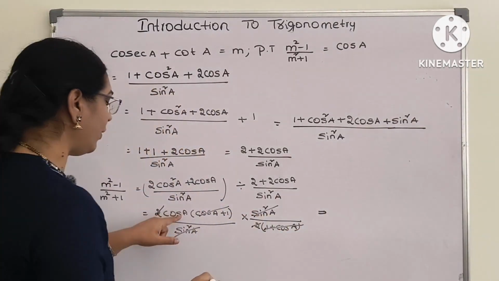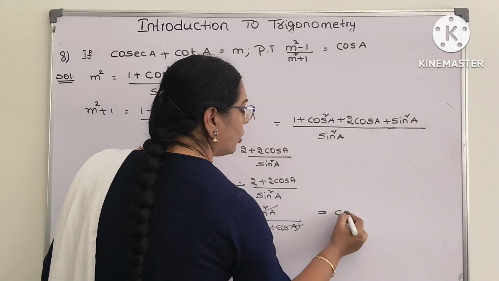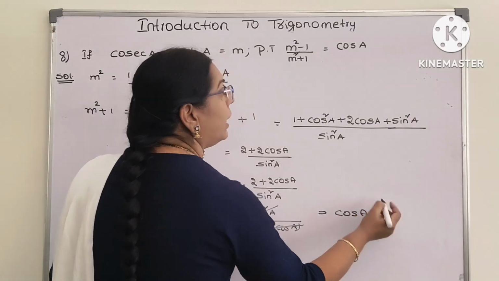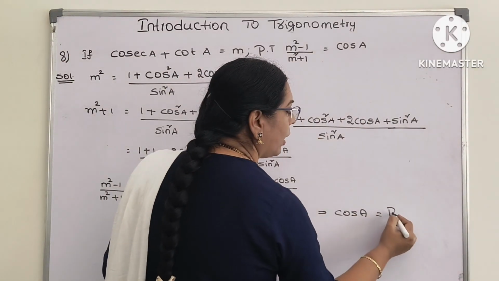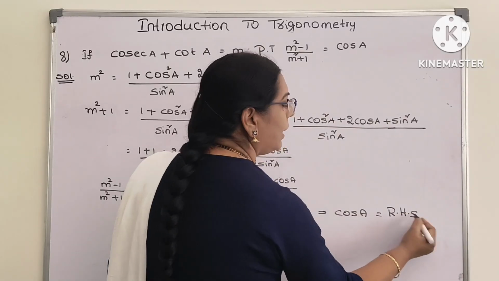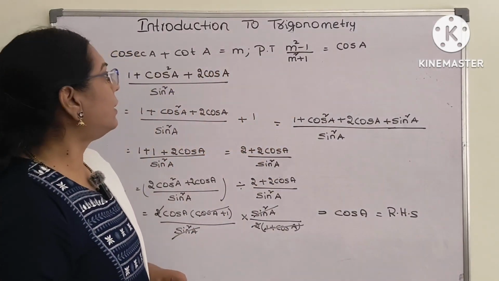What am I left with? Just cos A. And cos A is what you have to prove, the RHS. Hence LHS is equal to RHS.